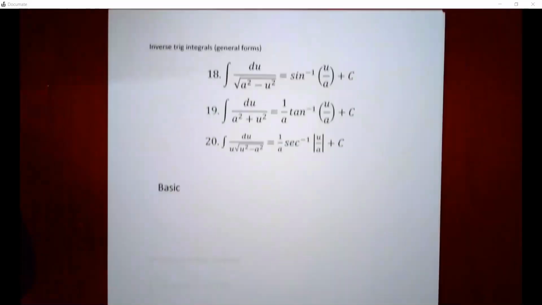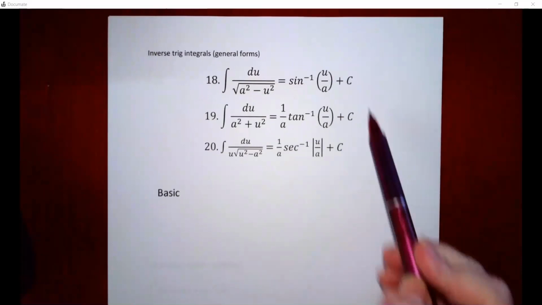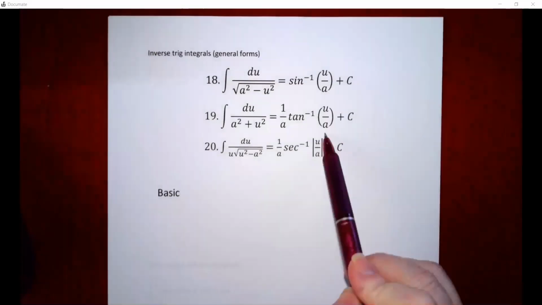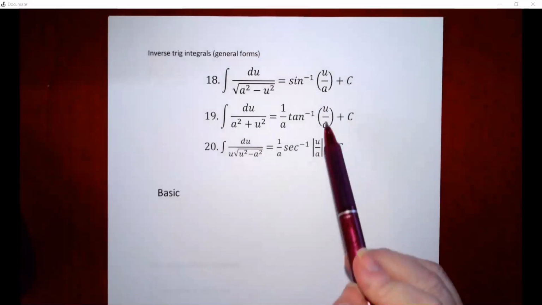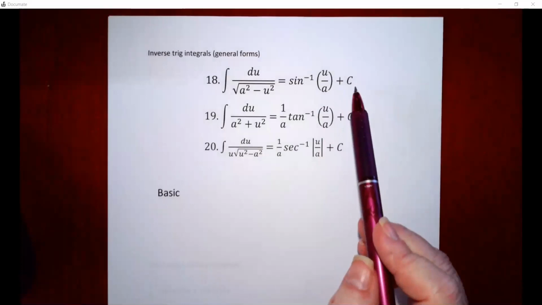All right, so let's look at inverse trig integrals. These were the last 3 integral forms that I told you that we would have a little bit later. These guys, if you'll notice, don't exactly match up with what we think of when we think of the derivatives of our inverse trig functions.